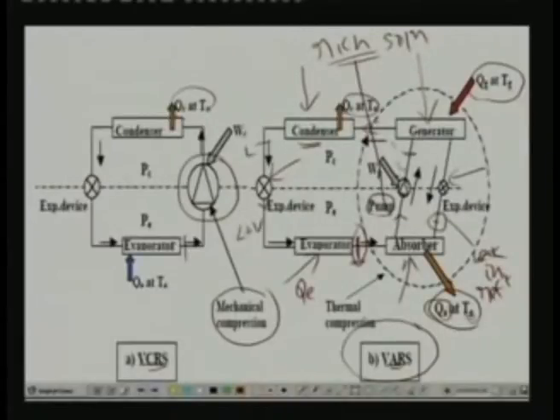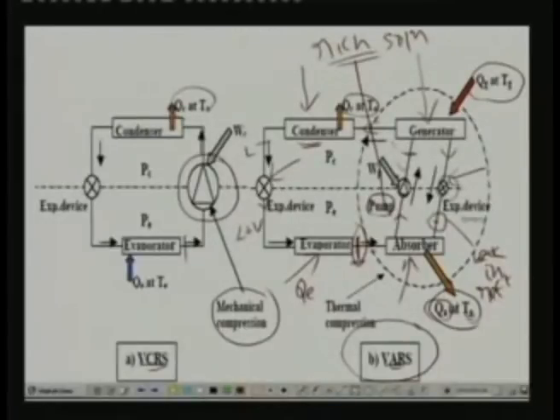Now what happens to the solution? Remember that we had a rich solution entering the generator. From that you have stripped off the refrigerant, so what you have is a weak solution. Now this weak solution is still at high pressure. To complete the cycle for the solution, you have to reduce its pressure.